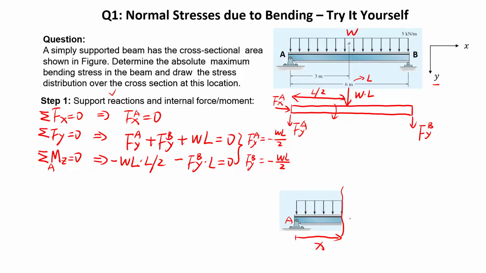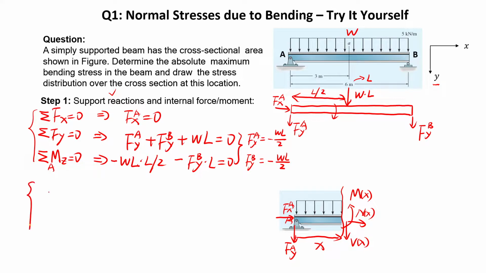And we can define the internal forces Vx, Nx, and a moment Mx. I don't know these three values, but I already know the reaction forces here, so you can put these two values here. One is Fxa, the other one is Fya.